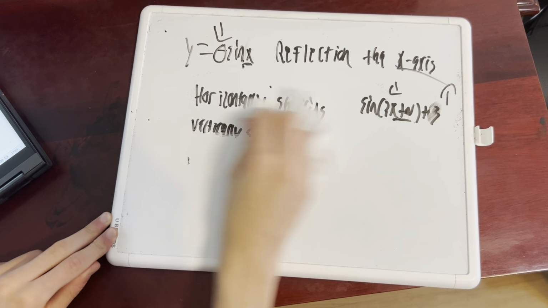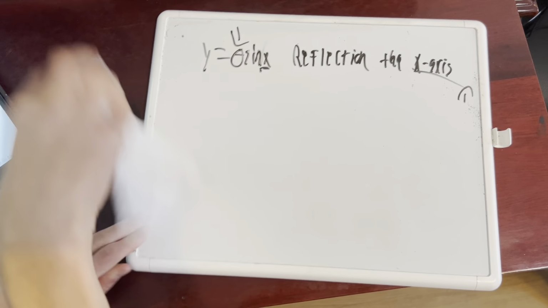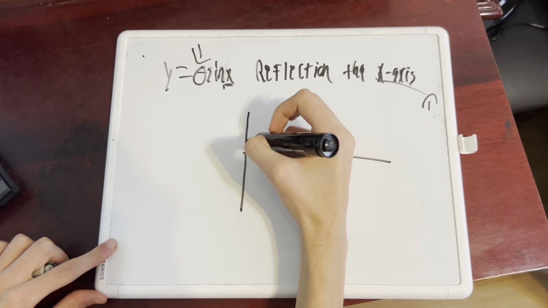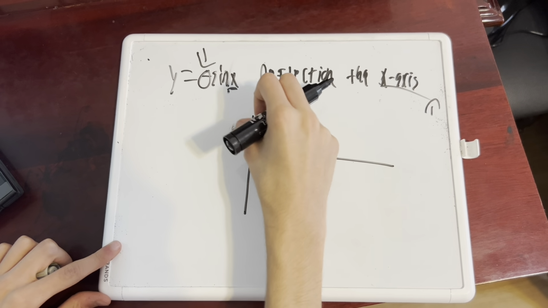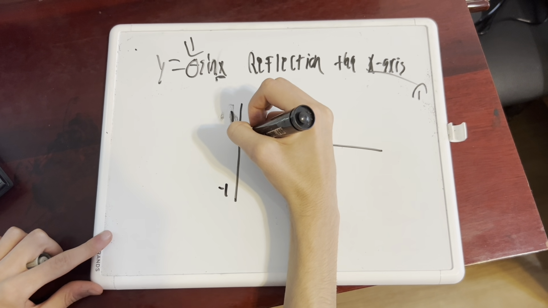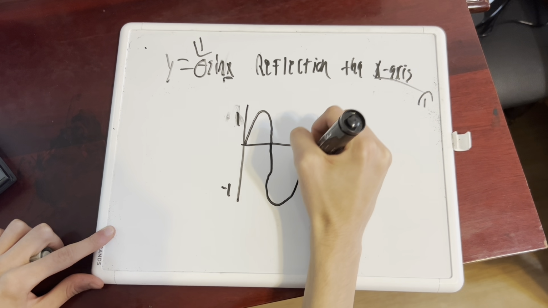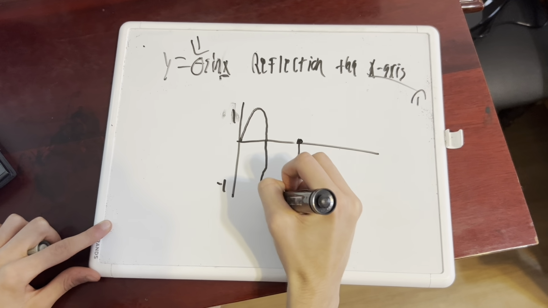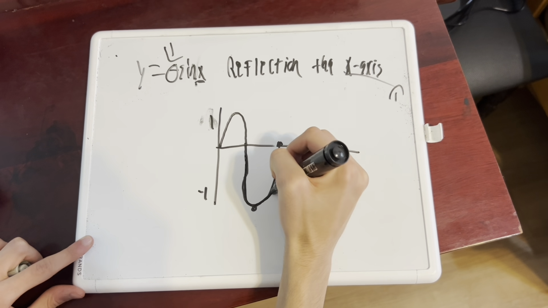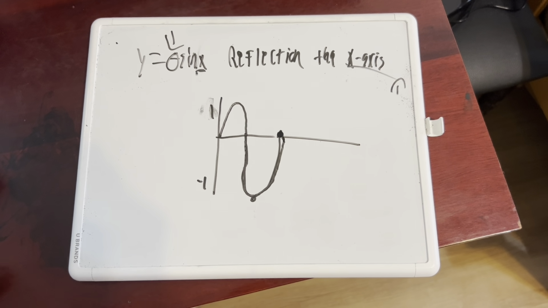So let's see, if we have this, and you know that you have 1 and you have negative 1. This starts here, so it's maximum, intercept, minimum, intercept, and this is how this graph looks. This looks really curved down, and that's it. This is how it starts.